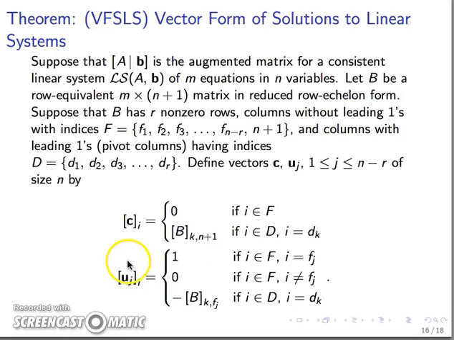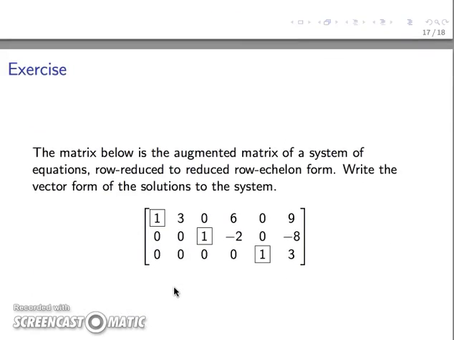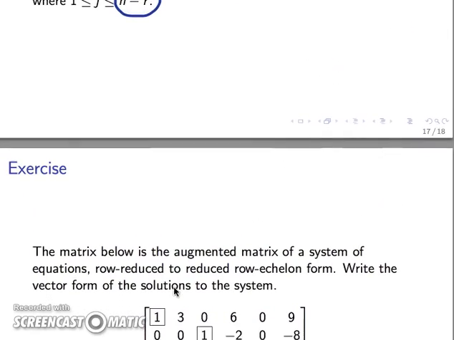And then there will be exactly n minus r vectors in the linear combination, and the entries of those vectors are going to have a 1 for locations corresponding to free variables, and zeros in the locations of the other free variables, and then they're going to have the negative of the entry in the RREF. Okay, so we're going to work out this example to illustrate this.